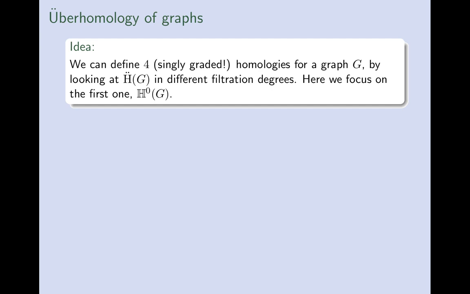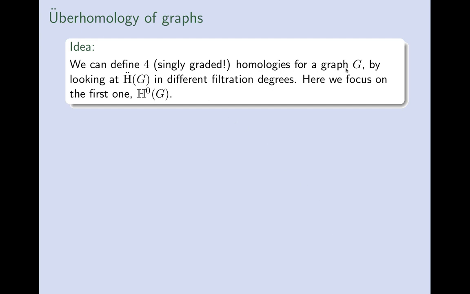This is because the Überhomology has this triple degree, with one degree being the homological one, while the other two, the dimension of simplices and the number of colors, the number of zero-colored vertices, are preserved under the differential of the Überhomology. Therefore, if we fix a bidegree for a given simplicial complex, we obtain from the Überhomology a singly graded theory, which is just the Überhomology in that bidegree, letting the homological degree vary.